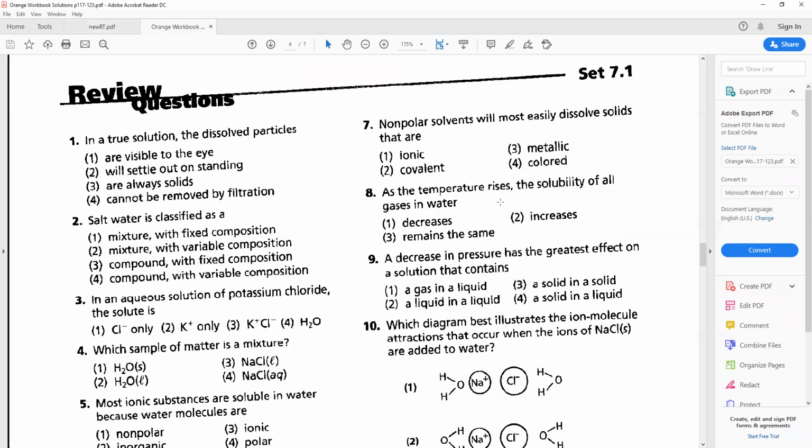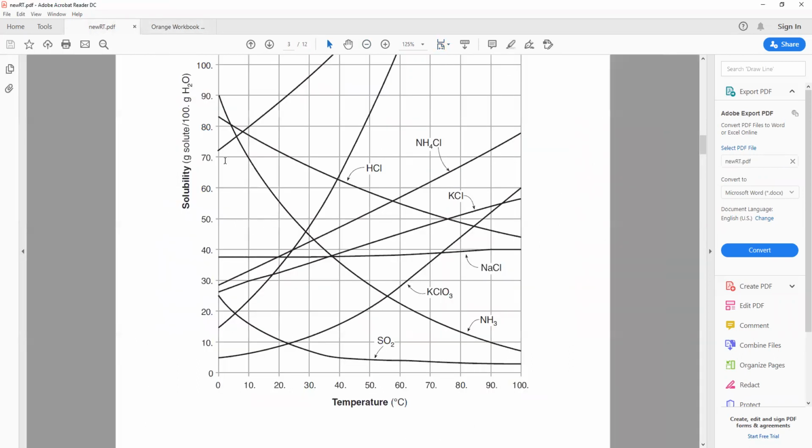As the temperature increases, the solubility of all gases in water, what did we say? We said the gases are 3. As the temperature increases, the solubility of all gases decreases.